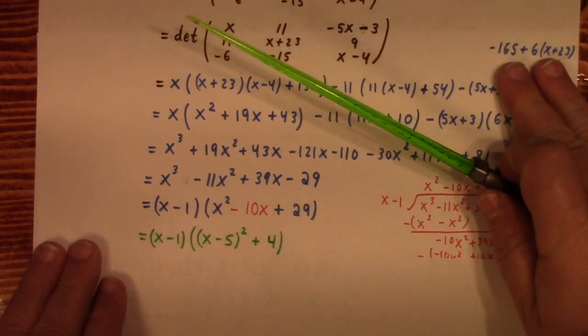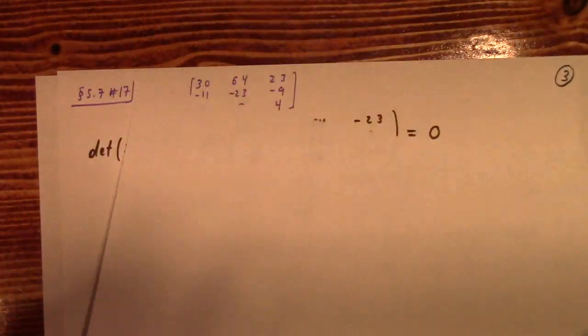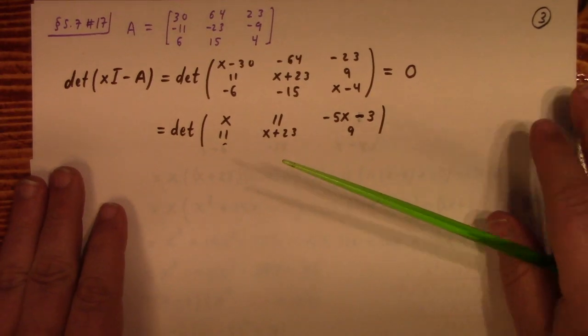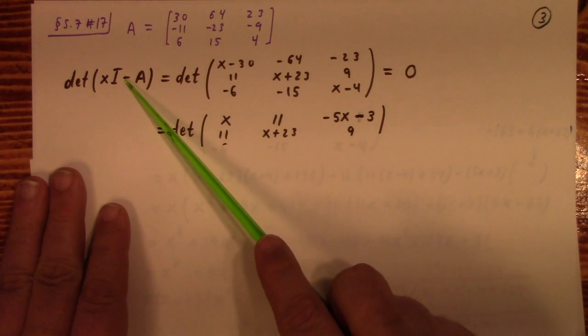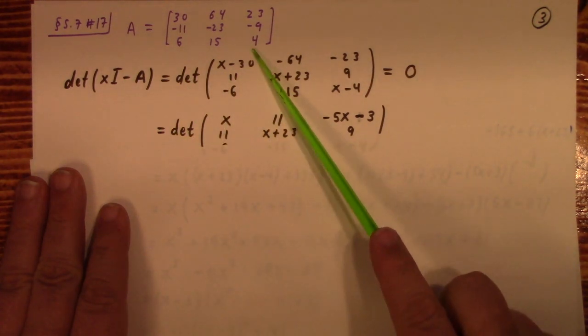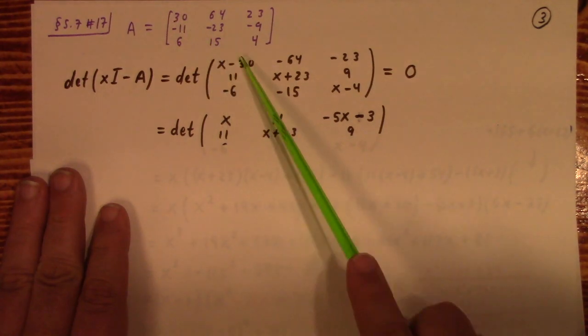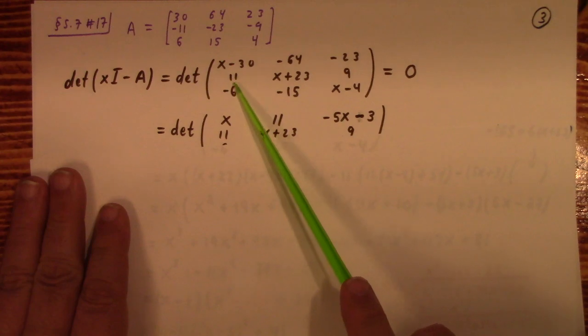So this is what I was talking about, like the expense of not doing it the other way. I've been doing lambda I minus A, notice, to do xI minus A here. Part of the cost of that is I have to remember to put a minus on every single entry of A. It's like 30 goes to minus 30, 64 goes to minus 64, minus 23, and so on.